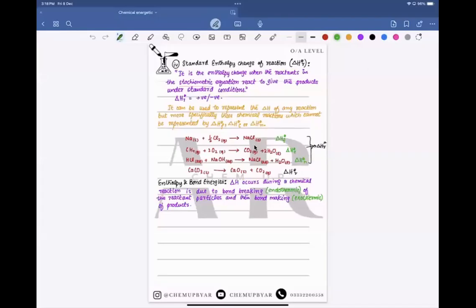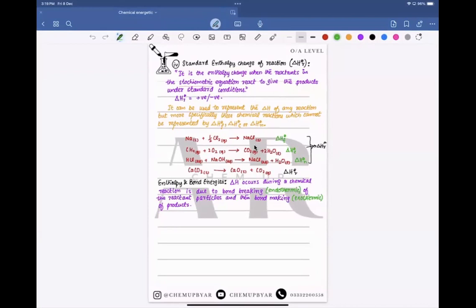So in the last class, we discussed that when a chemical reaction occurs, the bonds of the reactant particles are broken down initially. And when these bonds are broken down, the energy is absorbed, right? And after that, what will happen?